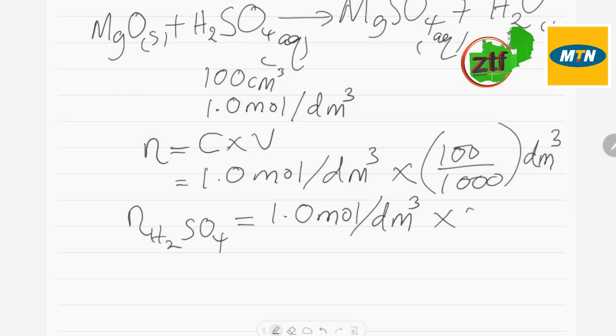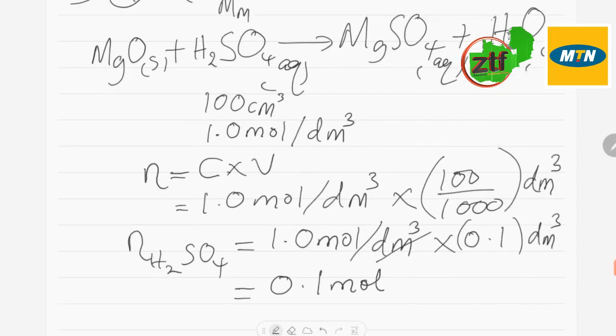It will give us 0.1 cubic decimeter. Thereafter, we can now multiply 1.0 times 0.1. It will give us 0.1 mole. The cubic decimeter and the cubic decimeter there, they will divide.